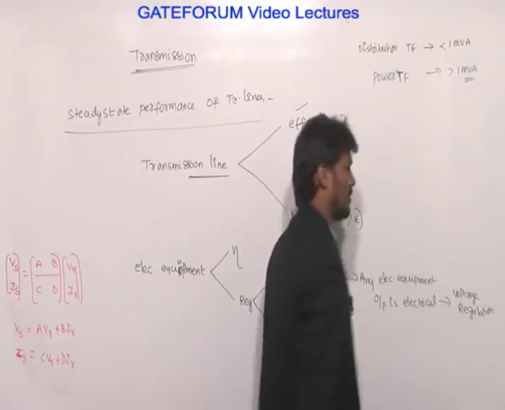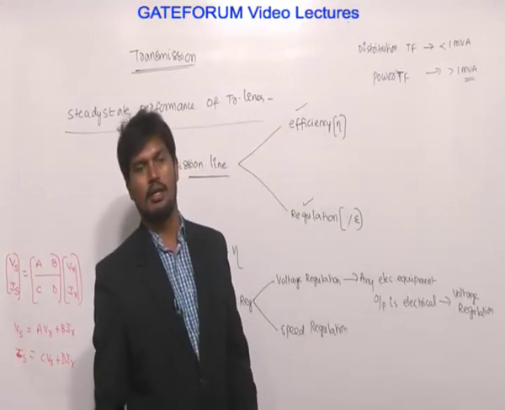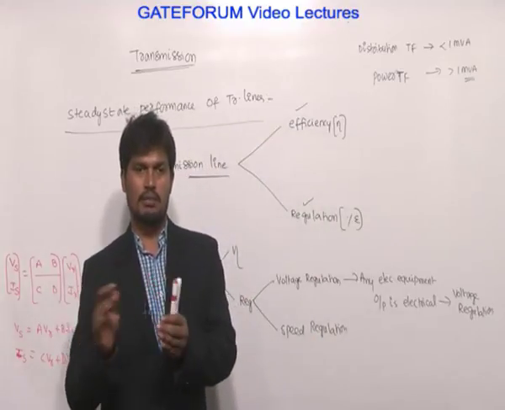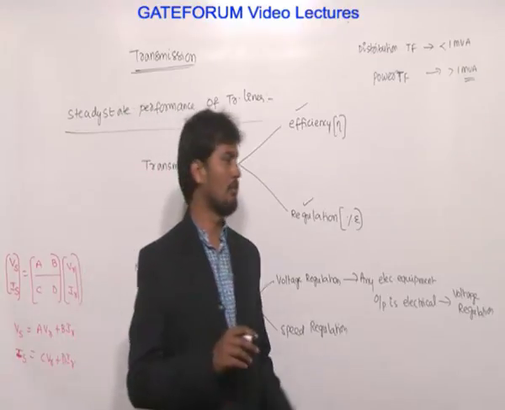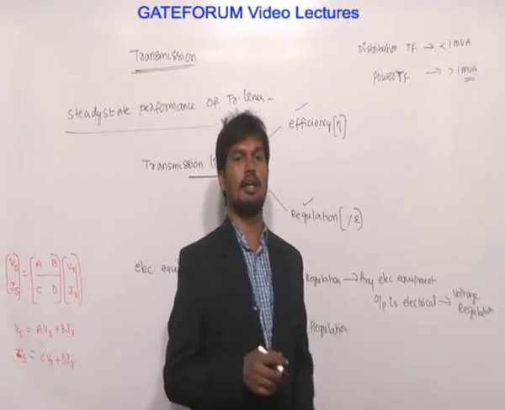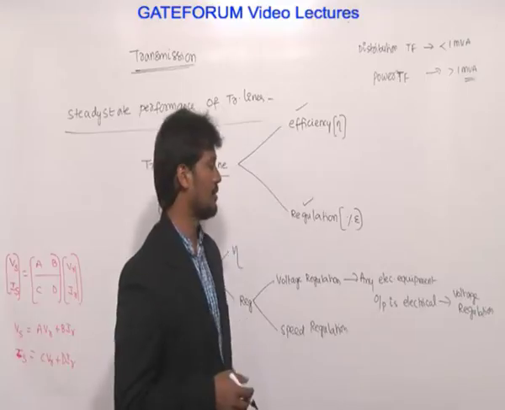Let us take the best example. A transformer is electrical equipment, right? Input is electrical, output is also electrical, but in the middle it is magnetic. Therefore, when the output is electrical, in electrical machines what you calculate is voltage regulation.